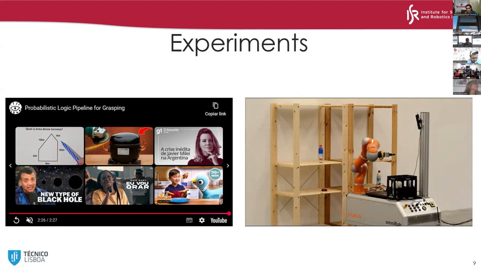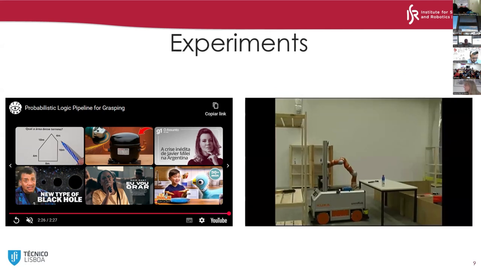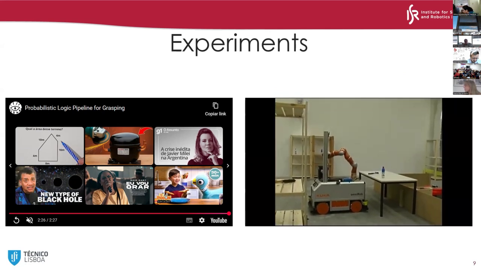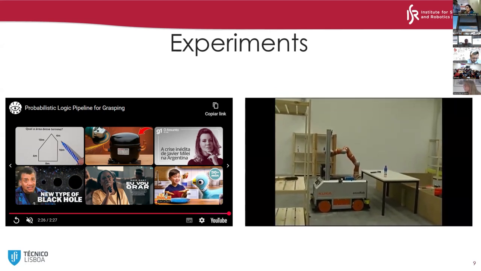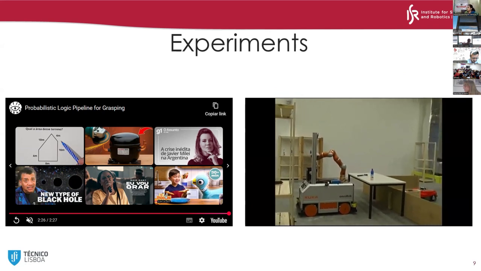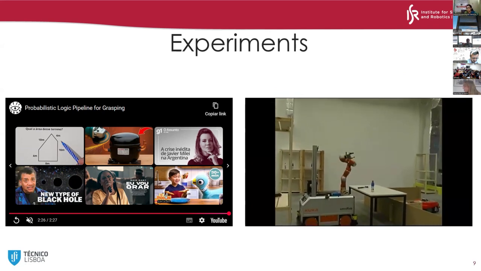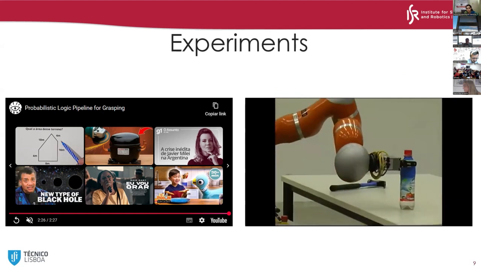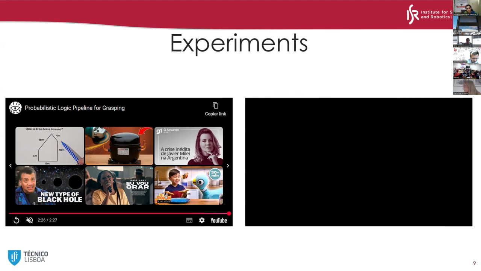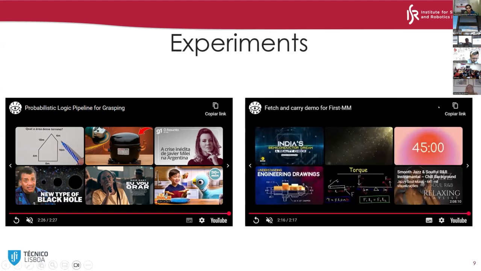And then in the last part, it goes to the table, and on the table, due to the limitations of not hitting the table, it grasps the bottle from the top part. Okay, so this was the first example I wanted to show you.